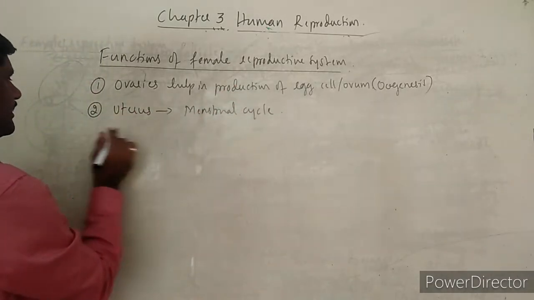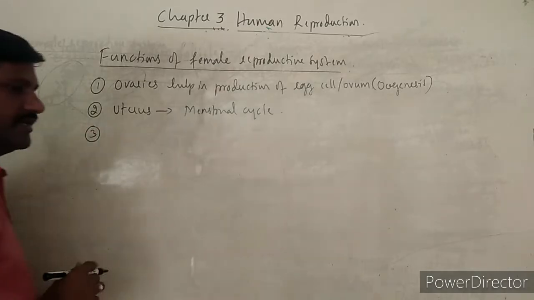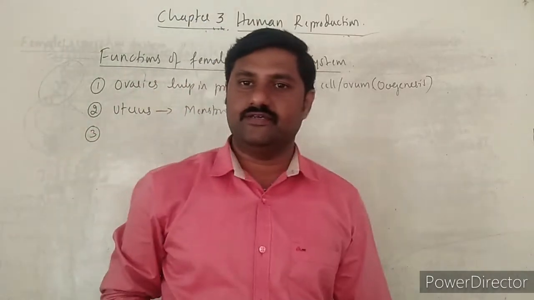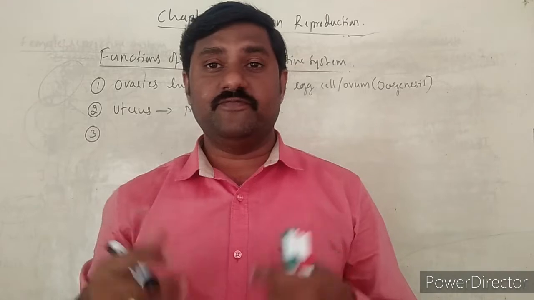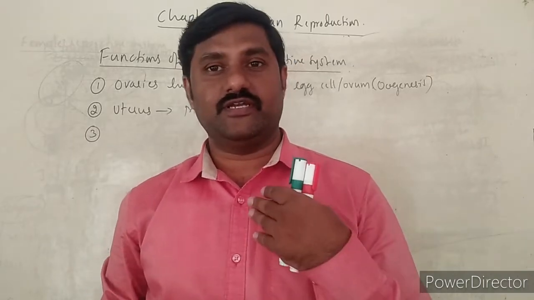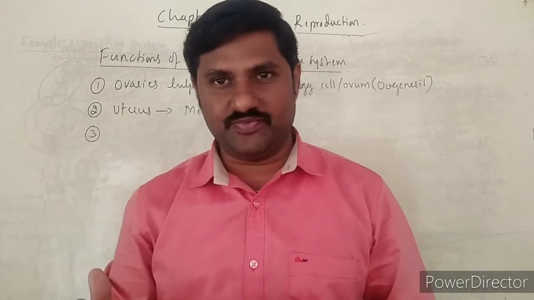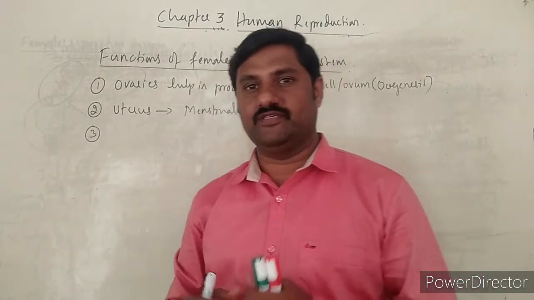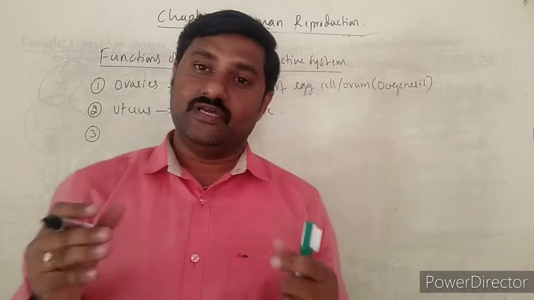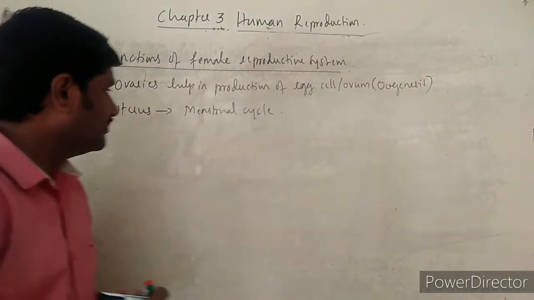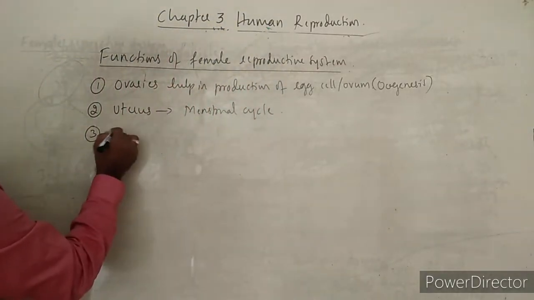Due to these cyclical changes, what happens every month? The unfertilized secondary oocyte passes out and a new secondary oocyte is produced every month. This is the menstrual cycle.